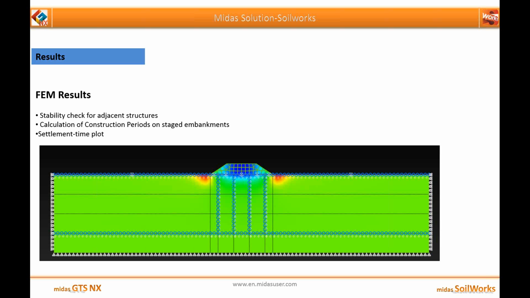Also, the calculation of the construction periods on stage embankments, if you are going for construction stage analysis, can be considered. And finally you get a settlement time plot, which helps you understand the percentage or degree of consolidation which has occurred over a period of time, and the primary consolidation as a result of the construction. So this can also be considered.